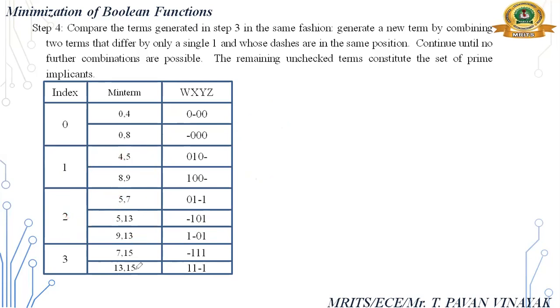Next 8, 9. 5, 7 is smaller than 8, 7, so no need to check this one. Next 8, 9, 5, 13. Let us check. This is 8, 5, 13 dash 1.